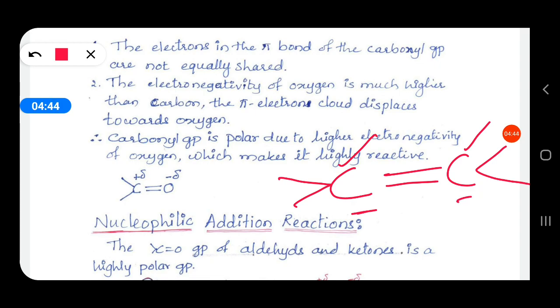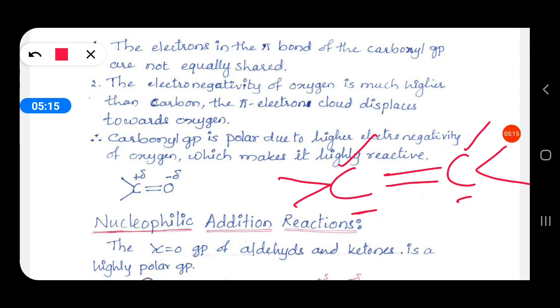But in the carbonyl group, oxygen is more electronegative than carbon. The shared pi electron pair is pulled towards oxygen, so the electron density on oxygen increases, it gets a slight negative charge, and carbon gets a slight positive charge.